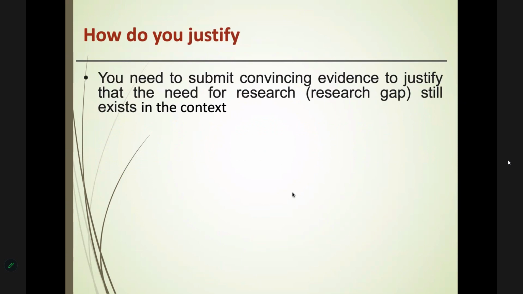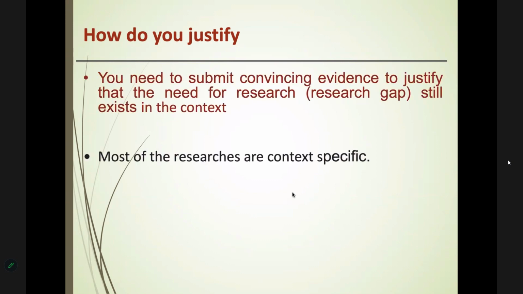So you need to submit convincing evidence to justify that the need for the research still exists in the context. That's why I said always provide current literature, so you can justify that the problem is still a problem in the current context. When you provide recent literature, 2020, 2021, then you can always argue the problem is there, right?